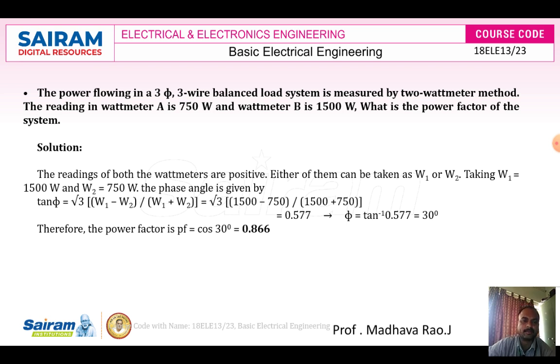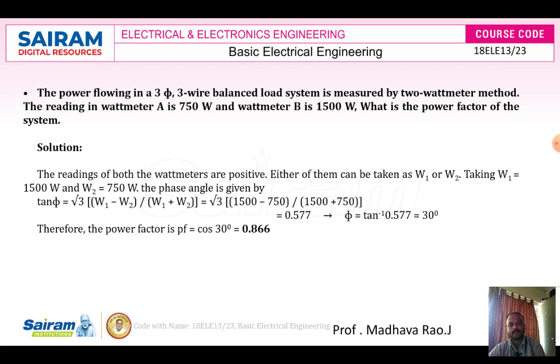The power factor formula is: cos phi is equal to tan inverse, not cos inverse, tan inverse of root 3 into (W1 minus W2) by (W1 plus W2). So according to that formula, substitute the values of W1 and W2.